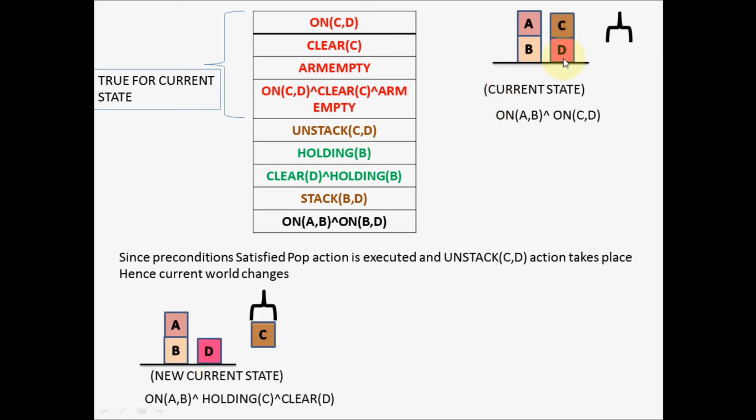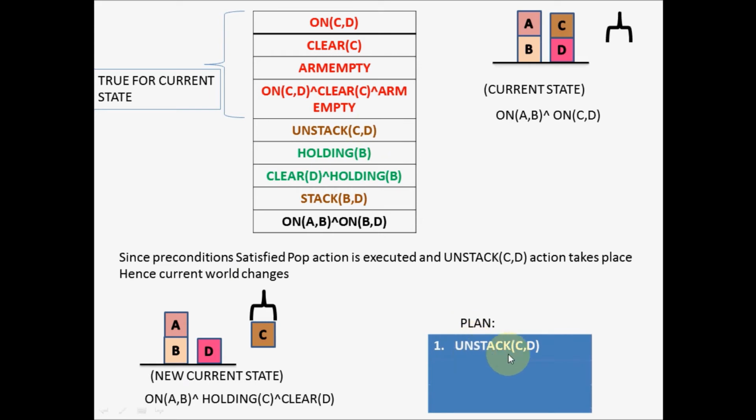C was on top of D. After unstacking C from top of D, the robotic arm is now holding C and D is clear. So this is the new current state. And I said two things will happen. One, the current world will change, and second, this action unstack C comma D can now be added to the plan.